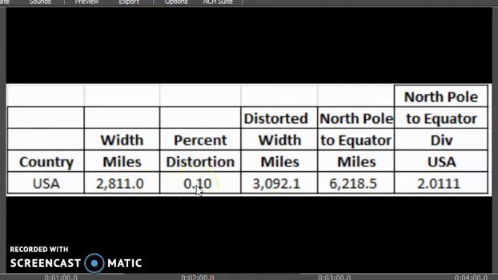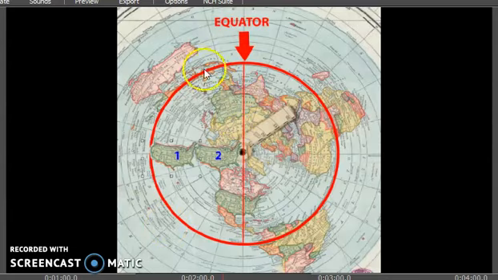There was about a 10% distortion, resulting in a distorted width of 3,092 miles. Again, North Pole to the equator, 6,218 miles. So you should be able to fit about 2 United States in this distance from the North Pole to the equator. And I tried to do that, and I was successful.